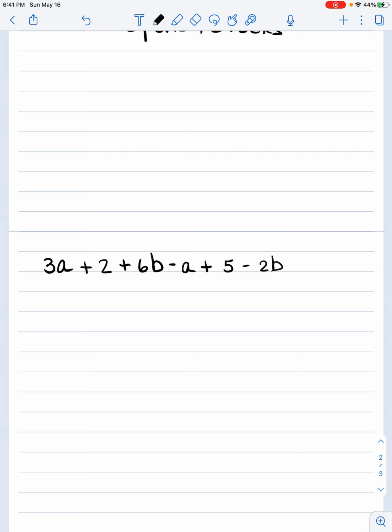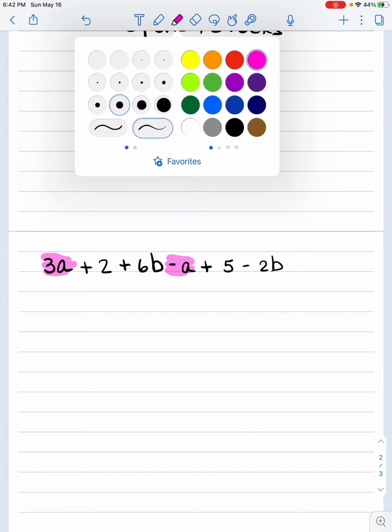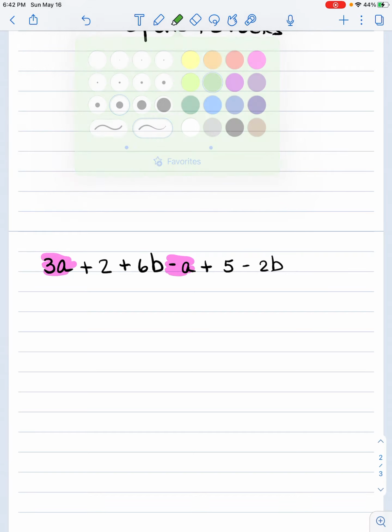Color coding. Let's color code the A terms first. A terms, any term with an A in it. So I have 3A, and you see I have minus A, so I'm going to include the minus sign. And any more A's? No. Okay, let's color code in green.